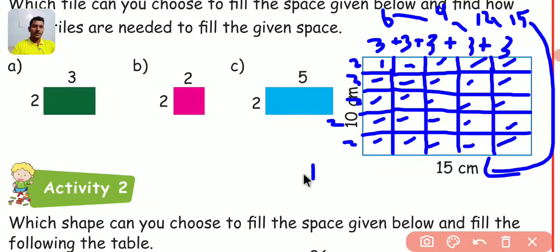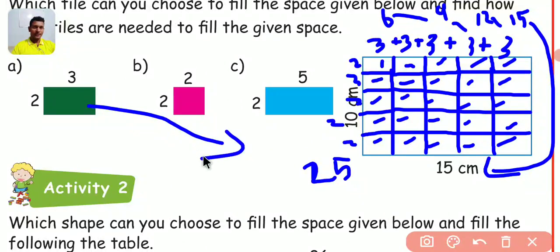There are 25 triangles needed to fill this big triangle. If you take length 3 centimeter and breadth 2 centimeter, that triangle, if you take 25 of them, then only you can fix this big triangle. Okay, in this way you have to do all the shapes, students, that's all. Now I hope you understand.